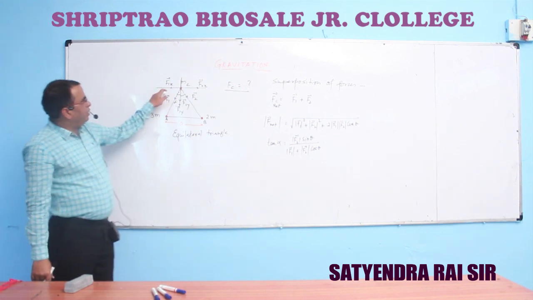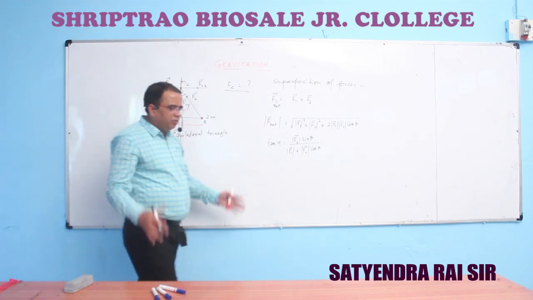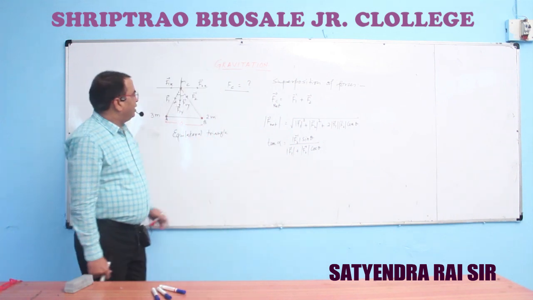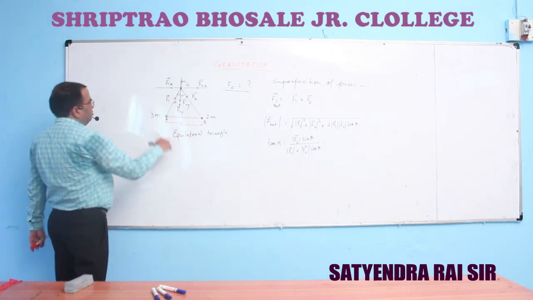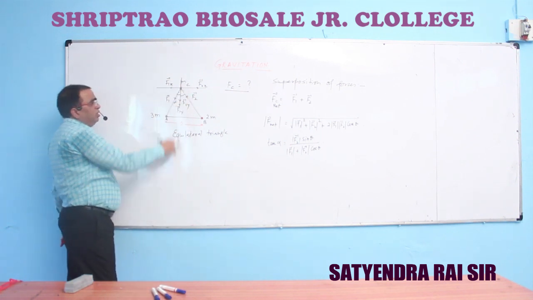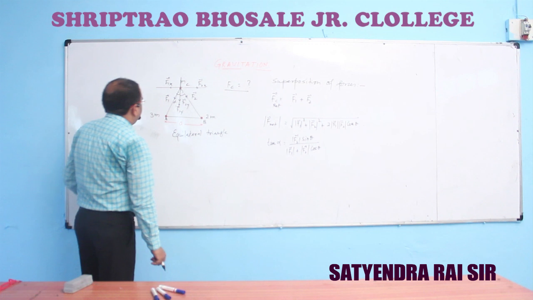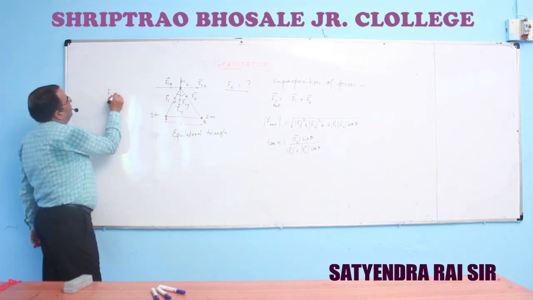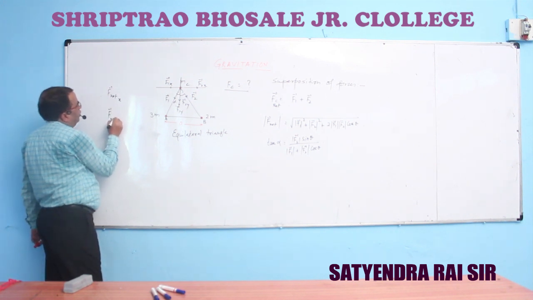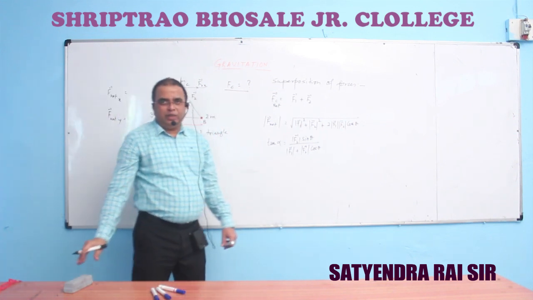Since F1x and F2x are opposite to each other, the angle between them is 180 degrees, so you have to subtract one from the other. Similarly, since F1y and F2y are in the same direction, you can add them scalarly. So by adding or subtracting them, we can find the F net along the x-axis as well as along the y-axis. This will become very easy to find.